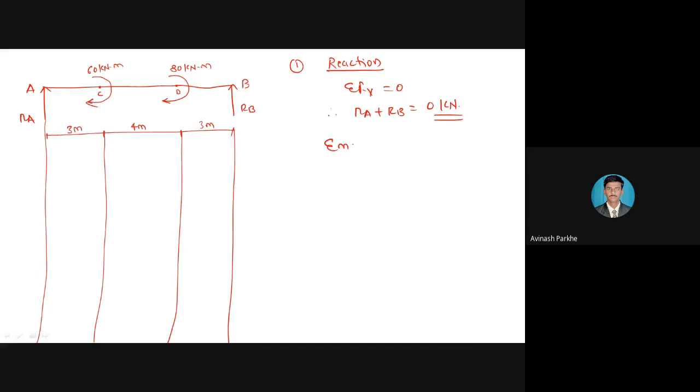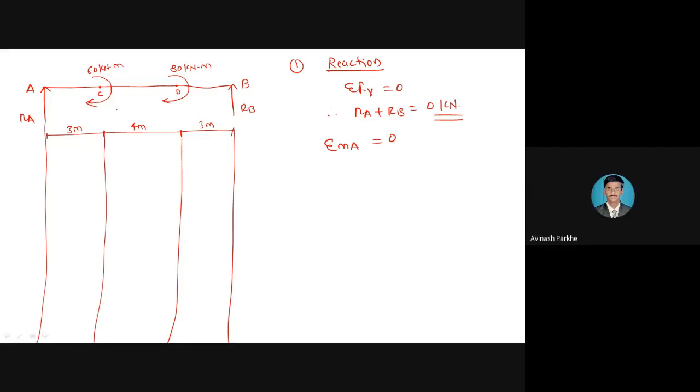Now, summation of MA is equal to 0. Moment at point A is equal to 0. How many forces are present to the right side of point A? One force is present.